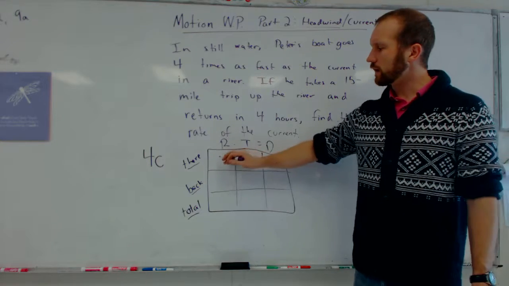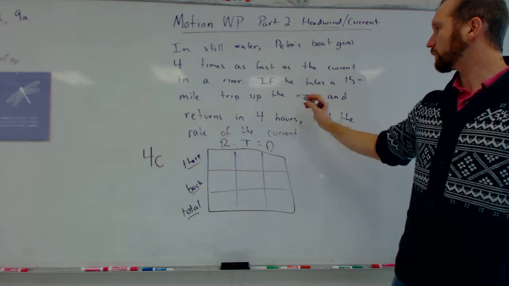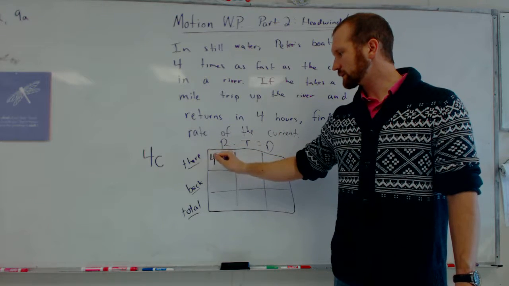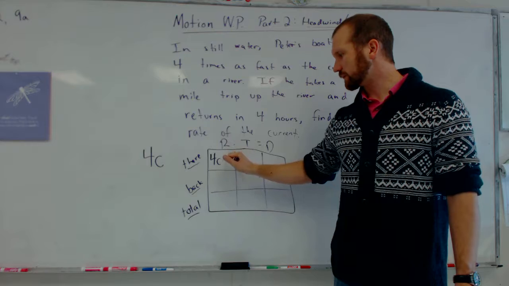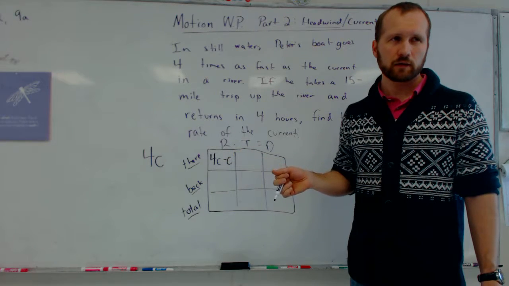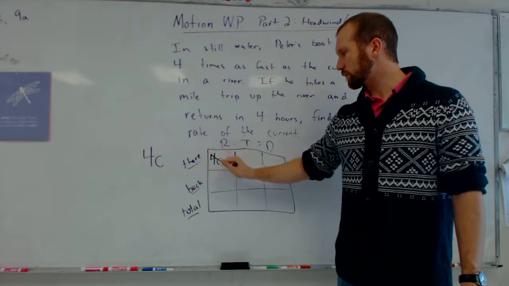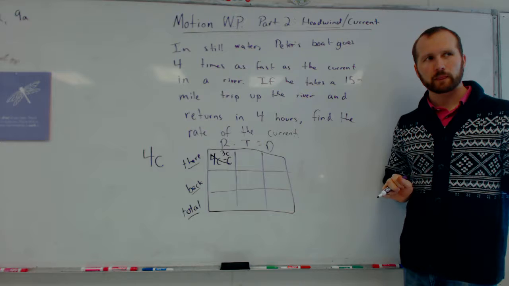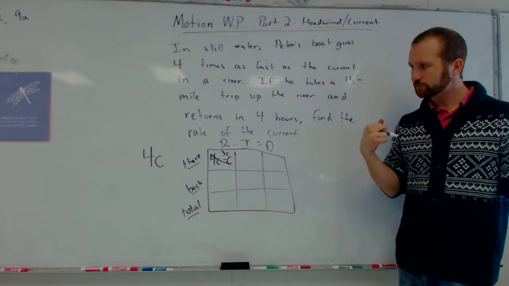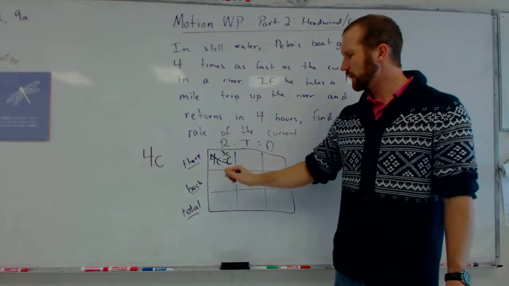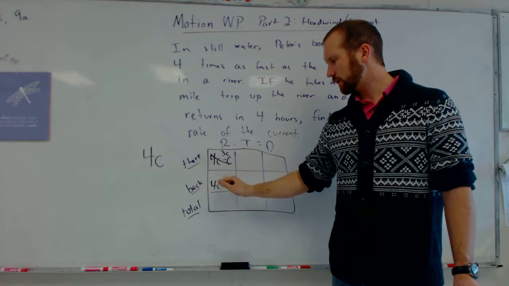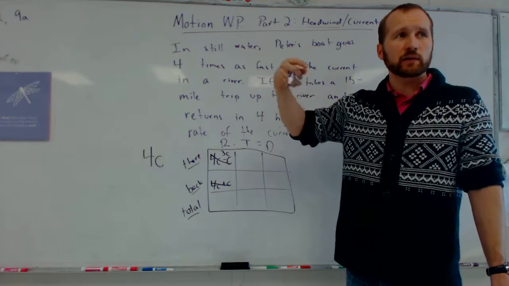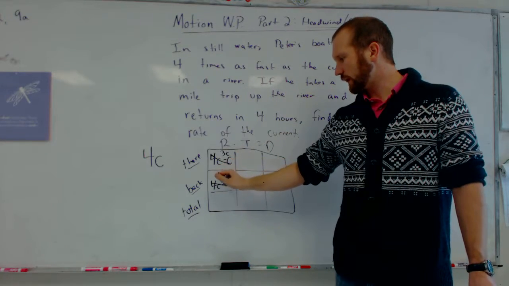So when he goes up the river, his rate is going to be 4C minus C. So would that just be 3C? Yeah, which would just be 3C. When he's coming down the river, his rate is 4C plus C, because coming down the river we add the speed of the current to his speed, so it would be 5C.